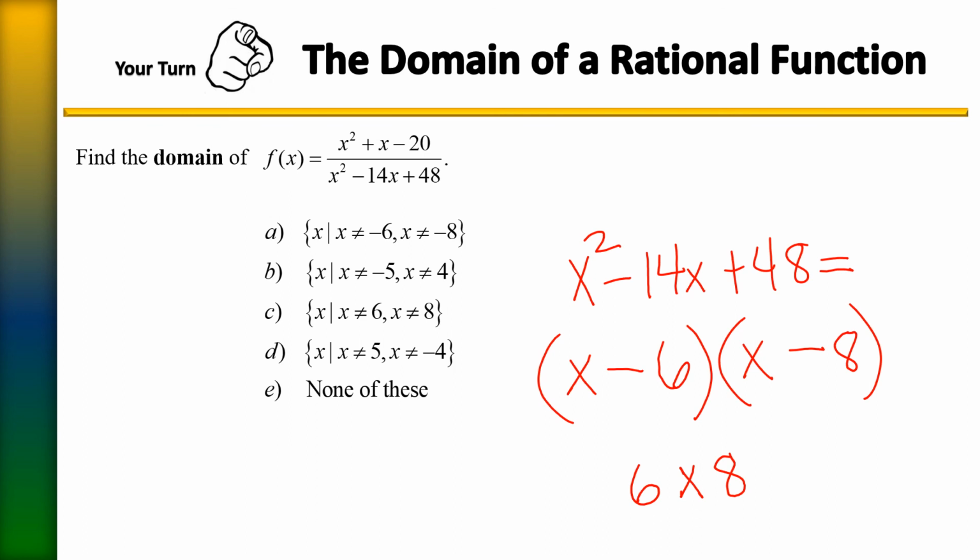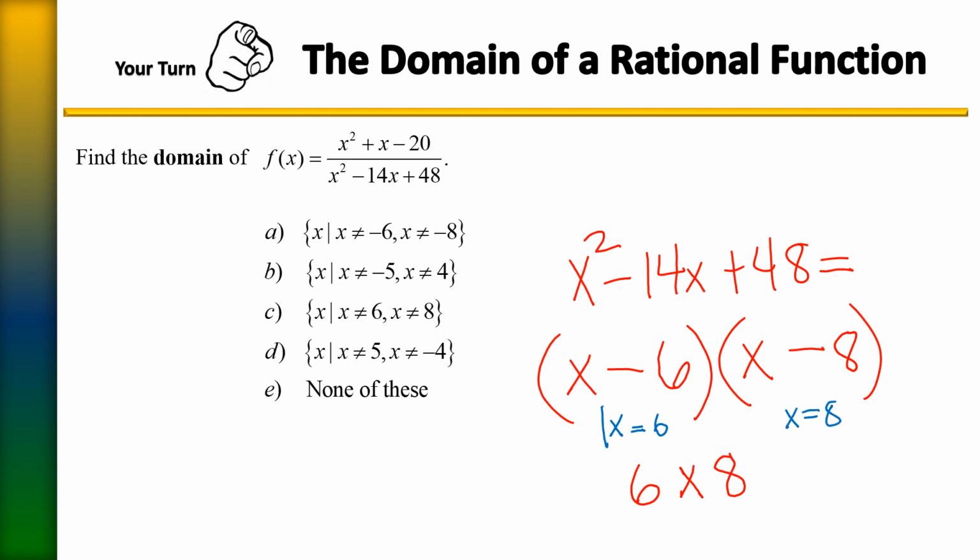So now to set these two parentheses equal to 0 and solve for x, for the first one, x is going to equal 6, and the other x is going to equal 8.